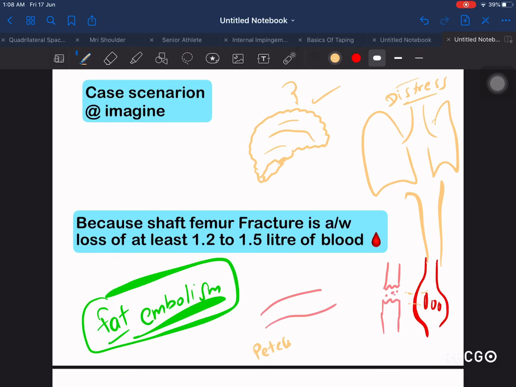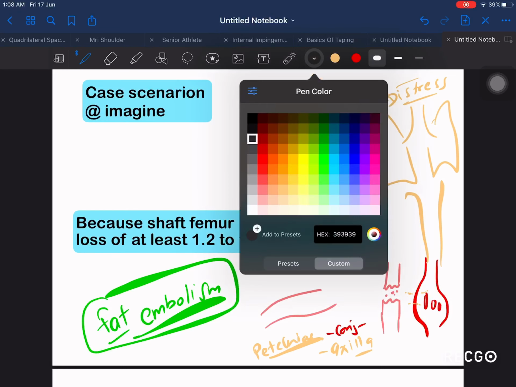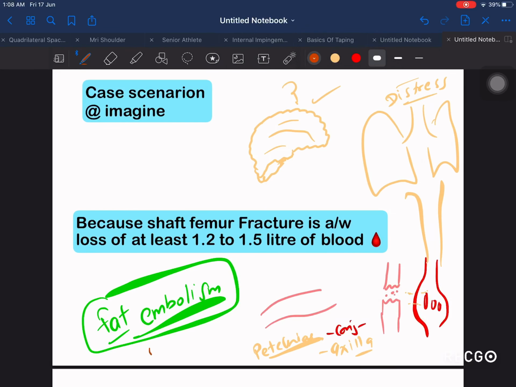These petechiae are usually seen in the axilla and in the conjunctiva. This is fat embolism. So fat embolism is also a serious condition. And the important thing to note about this fat embolism is that it will appear after 48 hours of injury.